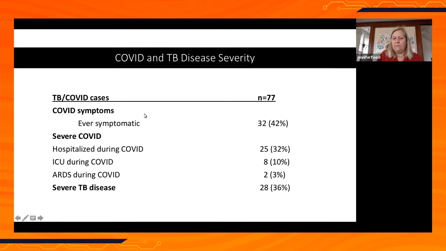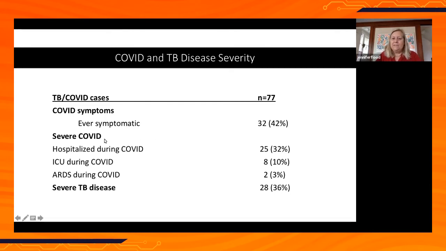So these are the more classic COVID symptoms, not weight loss, et cetera, symptoms of TB. And we know that if we looked at just COVID, so many COVID patients are asymptomatic or have really mild illness. That is the majority of COVID. So this 42% is much higher. The fact that persons with COVID and TB were more symptomatic.